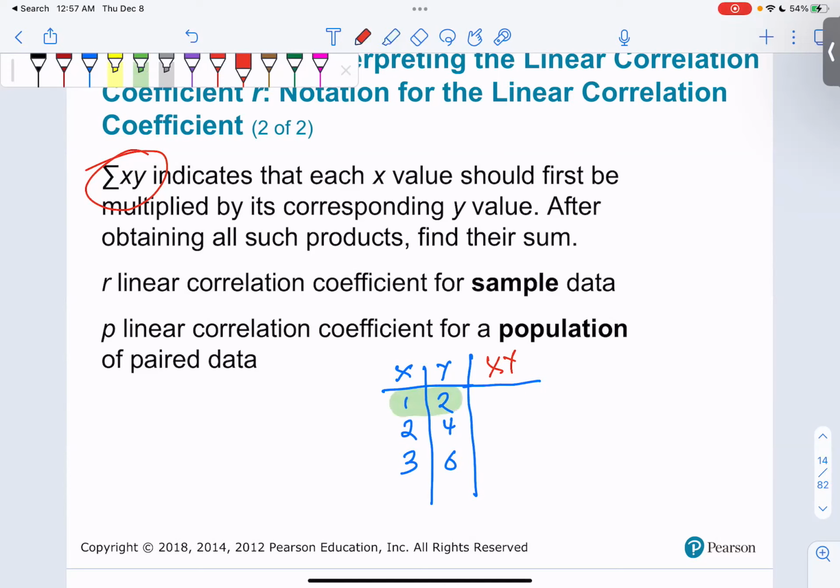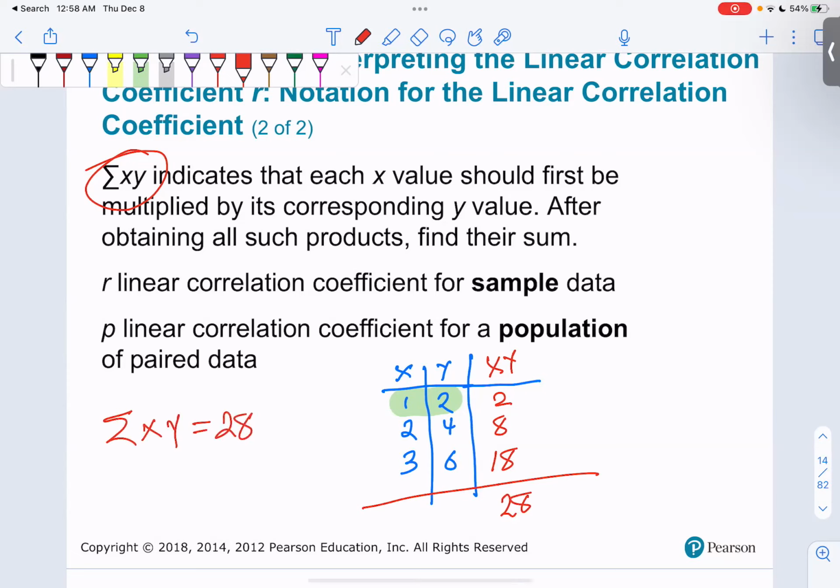The first one will be 2, and 2 times 4 is 8, and then 3 times 6 is 18, if my math is good. And then the summation is 28. So the summation of xy will equal 28.